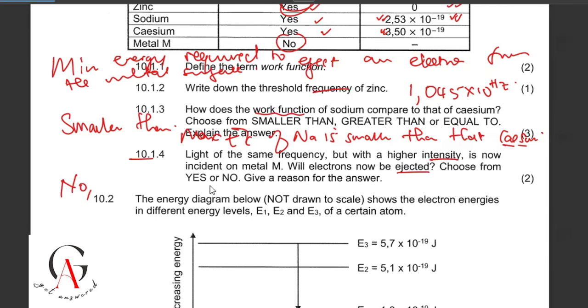So we're going to say that the photon energy is still below the work function. Increasing intensity doesn't necessarily increase the frequency, because what we need here is just the minimum frequency so that we can remove the electrons.